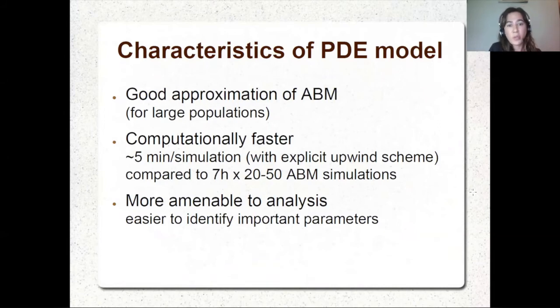It probably wouldn't do as good a job for a much smaller population. But also it's computationally a lot faster. We have these 5-minute simulations as opposed to 7 hours for each simulation with the ABM. And it's definitely more amenable to analysis, so easier to identify important parameters and much quicker to make these adjustments.